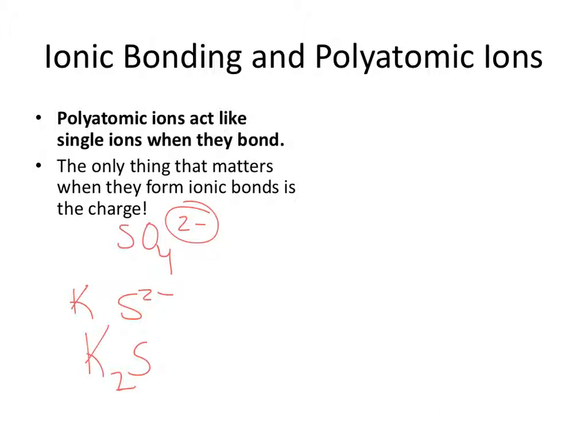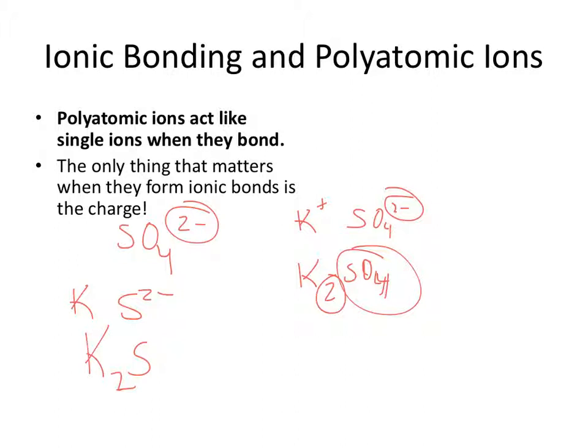So that should make sense. So if we have potassium and sulfate, what's going to happen is it's going to be K2SO4, right? The charge is what dictates how many of each ion you need. We never change the polyatomic part. We never change this ion itself. The charge is what's dictating how the bonding will happen.